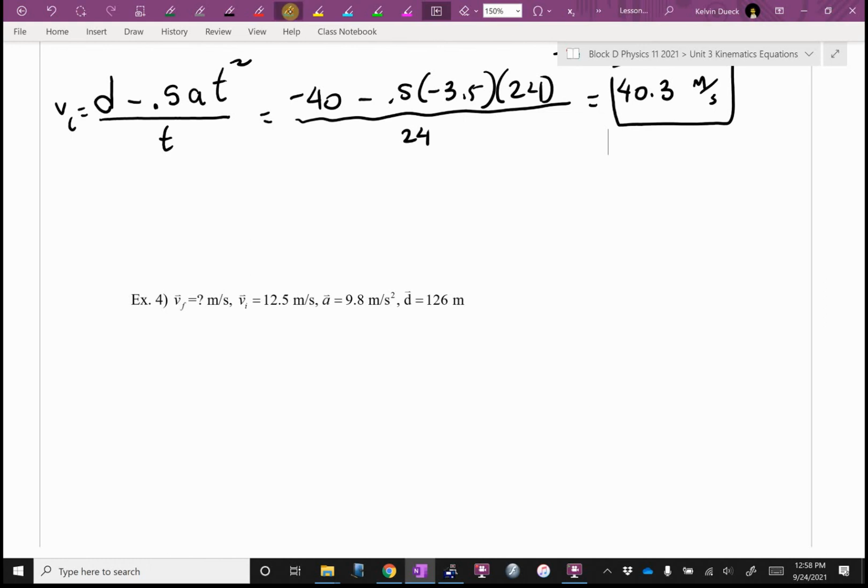Read it to me, Mud. Final squared. VF squared equals VI squared plus. Yep. What are we trying to get by itself? Oh, it is. Or is it? Oh, it's squared.